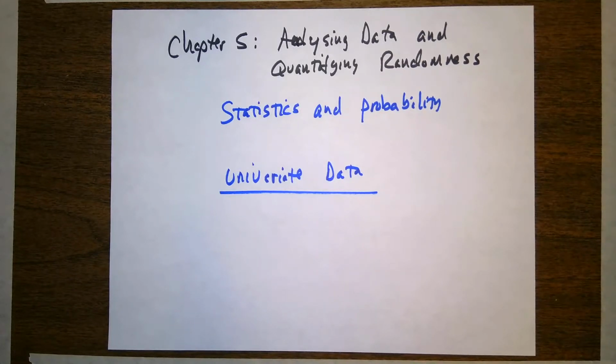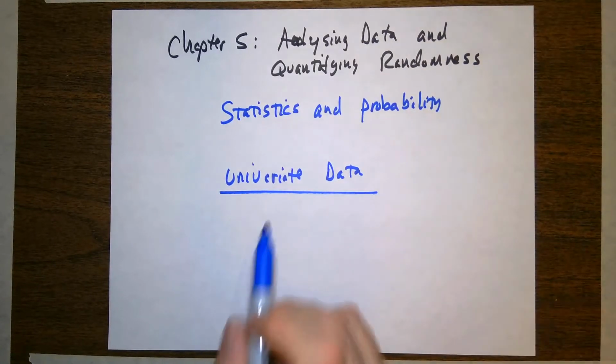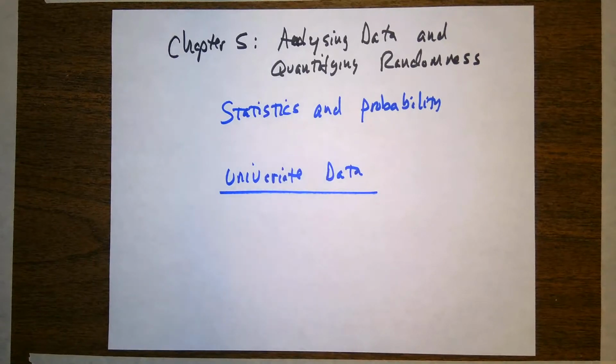There's no relationships here. An example would be if I went around the room and measured the heights of all the students in the class. Or the weights of everybody in the class. Don't worry, I'm not going to do that. Bivariate data would be comparing heights and weights, but this is univariate data. We're going to have one set of data that we're going to be analyzing.